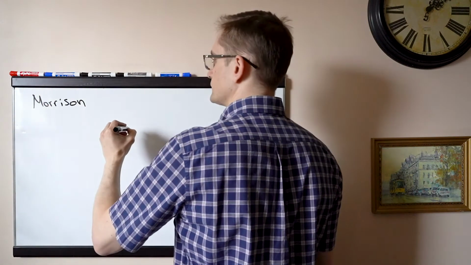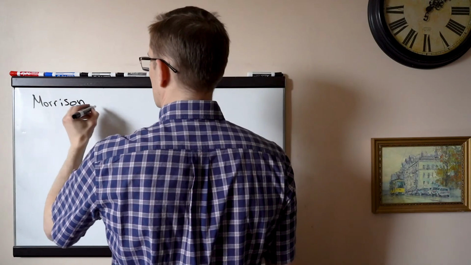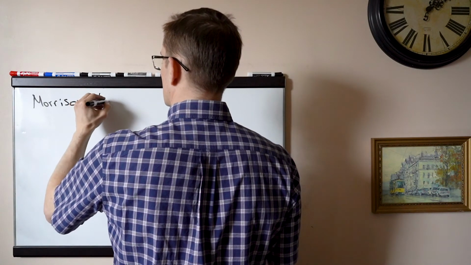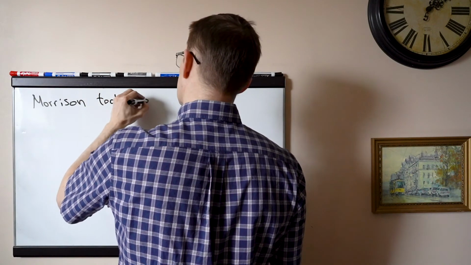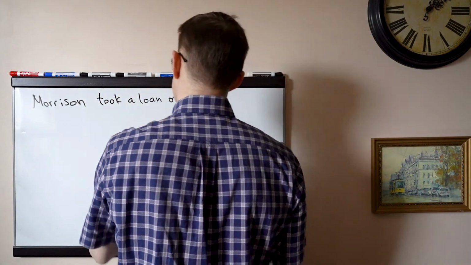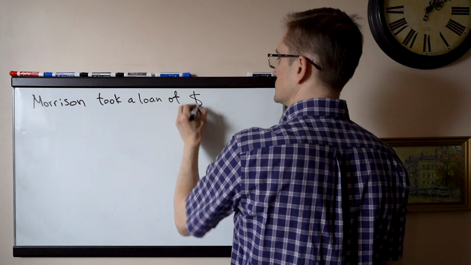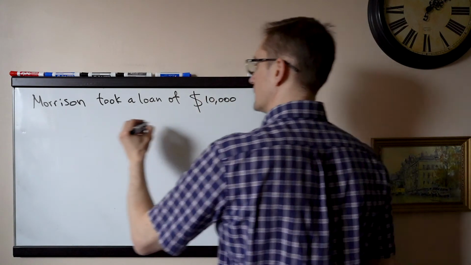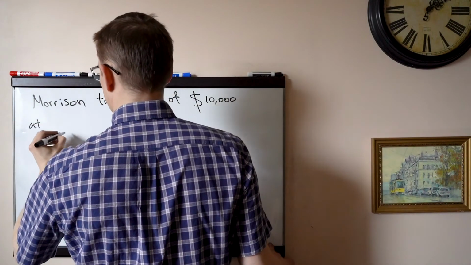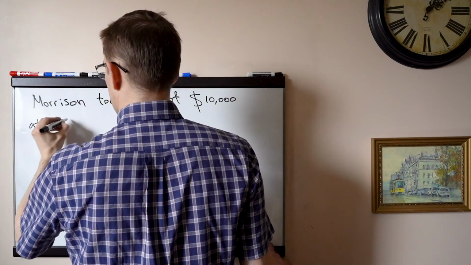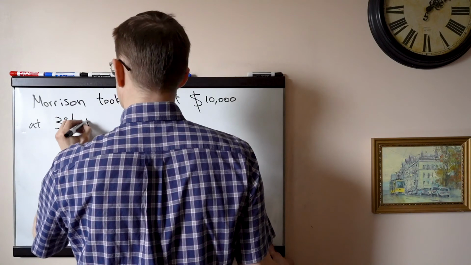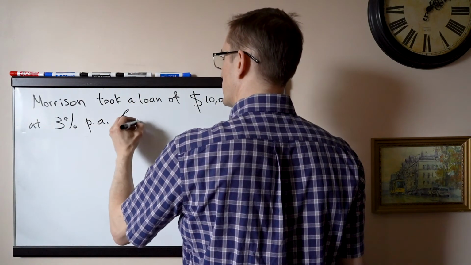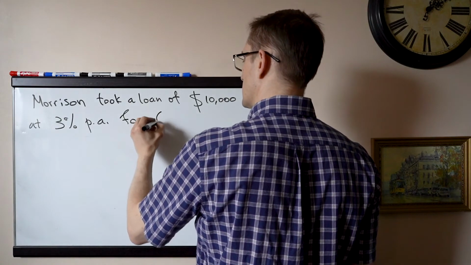So Morrison took a loan of, say, $10,000 at 3% PA for 6 years.